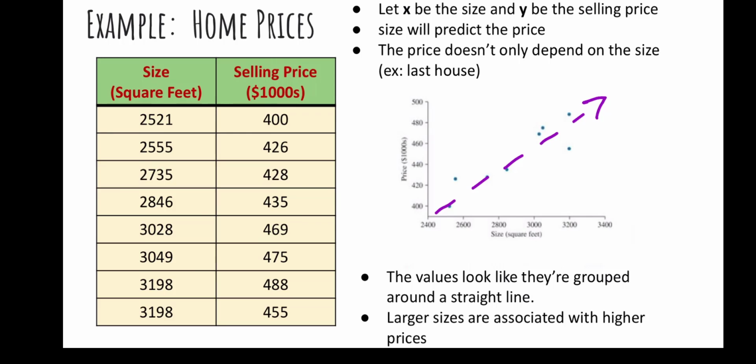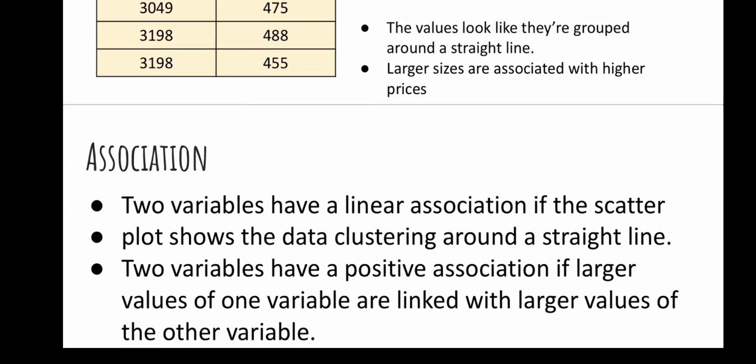Those points are trending in that direction. And so the larger the house is, it looks like the price is definitely increasing for those larger houses. So smaller houses tend to cost less than the larger houses. It's not a perfect straight line, but that looks like basically what it's trying to show us.